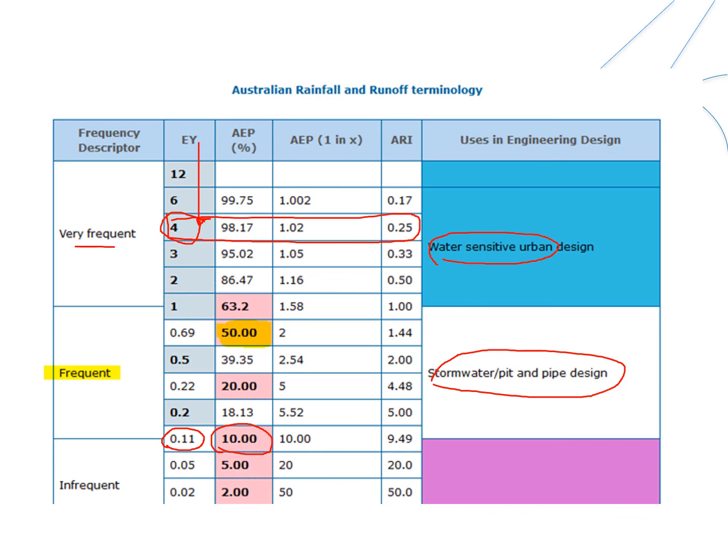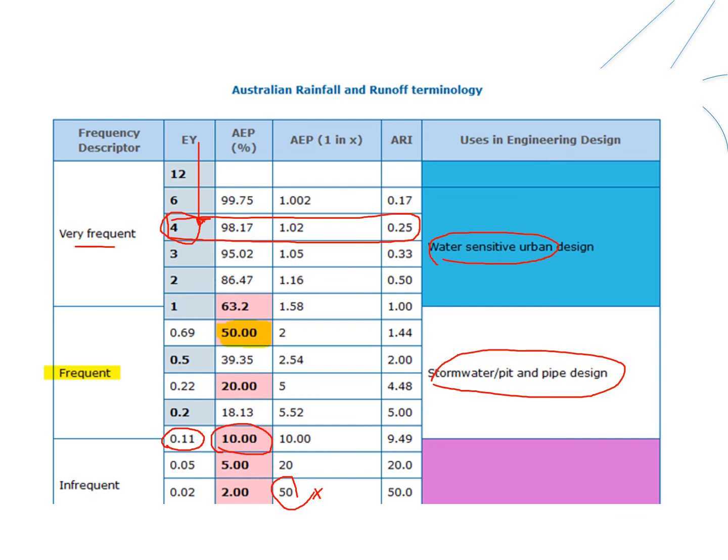So 1 in 50 years, especially by the public, can be interpreted as the event will happen only once in 50 years, which is not the case, right? 1 in 50 means it has a 2% annual exceedance probability, so the flood can happen next year with a probability of 2%, right? So to avoid the confusion, this is not the preferred form, but mathematically it is the same.